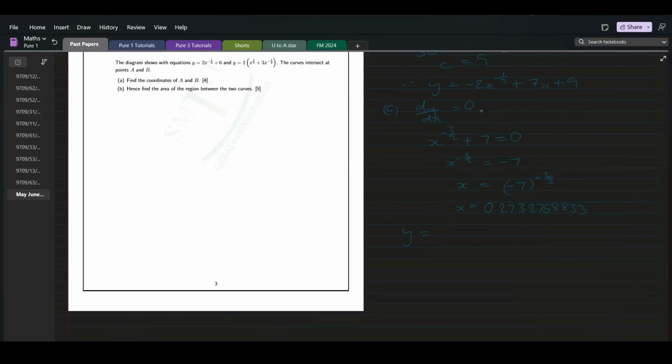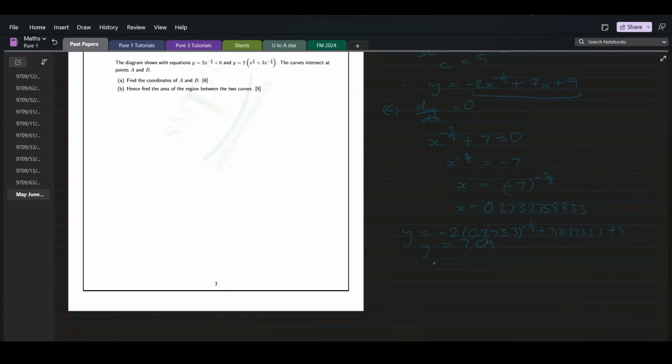We are going to use the equation of the curve. y is equal to negative 2 times 0.2733 to the negative half plus 7 times 0.2733 plus 9, and this gives us 7.09.